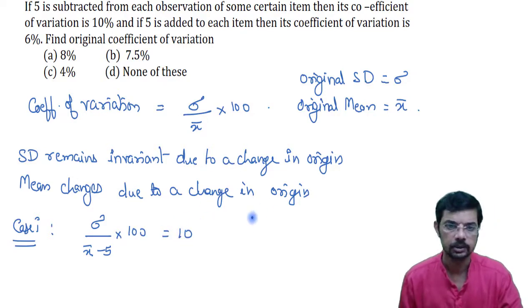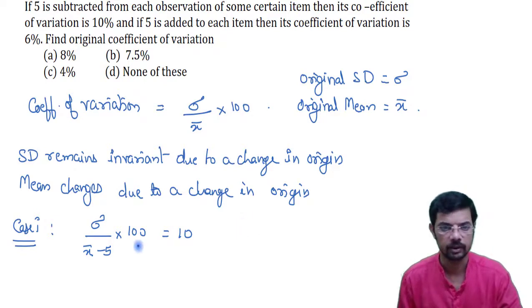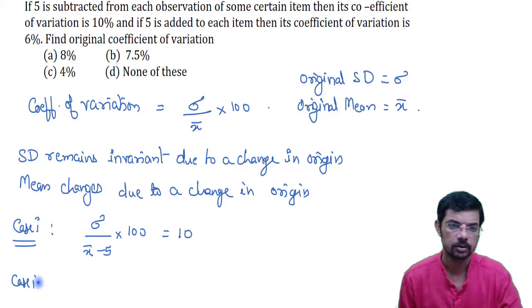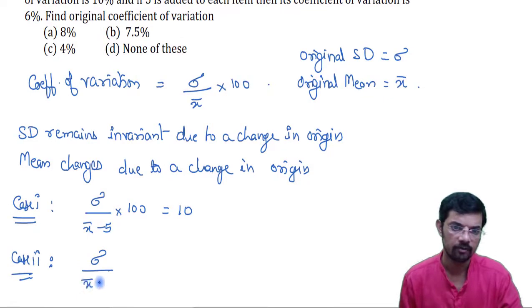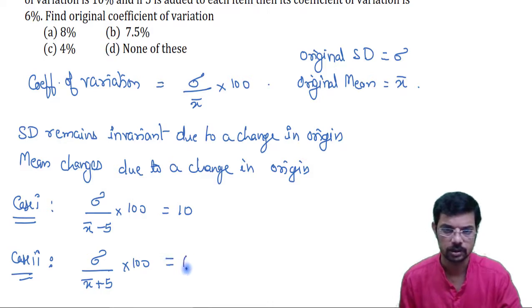In case 2, the standard deviation remains the same and every observation is added by 5. So we have the coefficient of variation as 6 percentage, equal to 6.